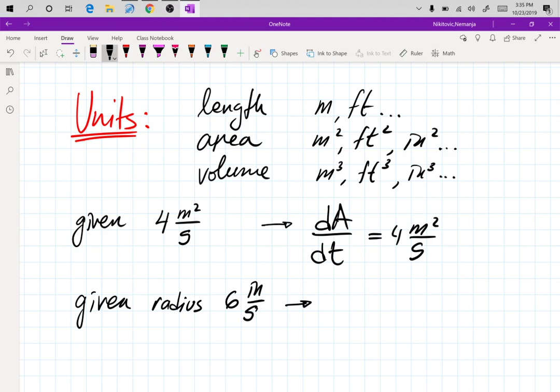The radius is 100 meters. Okay, r equals 100. Good. They want you to find how fast the area is increasing, which means what they're looking for is the rate of change of area, dA/dt. So 2 pieces of information.